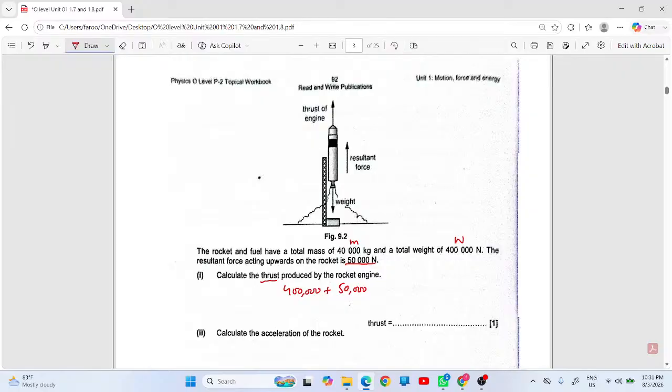Resultant force acting upward on the rocket is this. So the total force, इन दोनों को ऐड करना पड़ेगा. No, sorry.